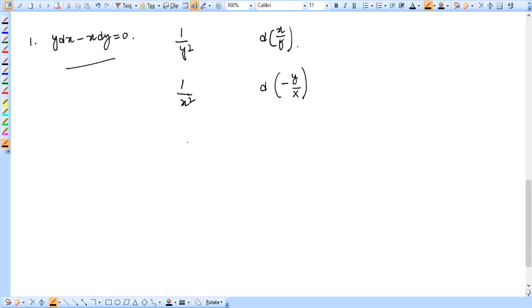Also, if I multiply this equation, I'm going to multiply y dx minus x dy with 1 over x into y.